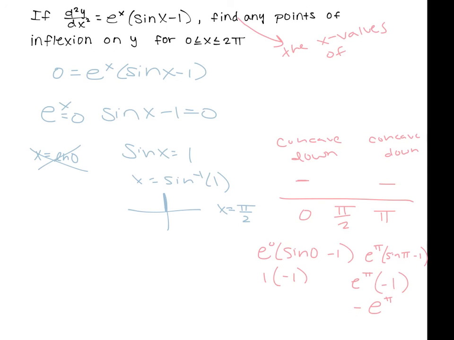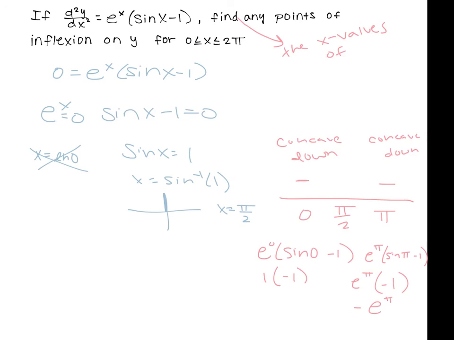So what does that mean? Well, it said find the x values of any points of inflection on y. We said the inflection point would be when the second derivative is equal to 0. We solved it out. We found that the only time the second derivative is 0 is when x is pi over 2. But then we did our second derivative sign test and found that the concavity didn't change.